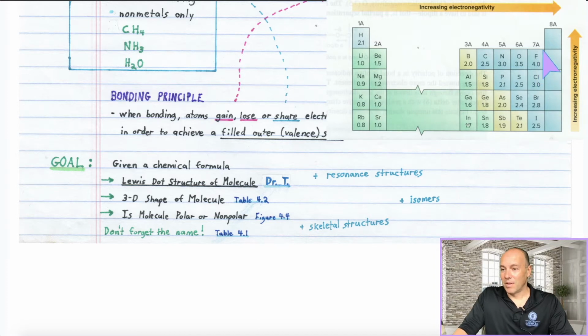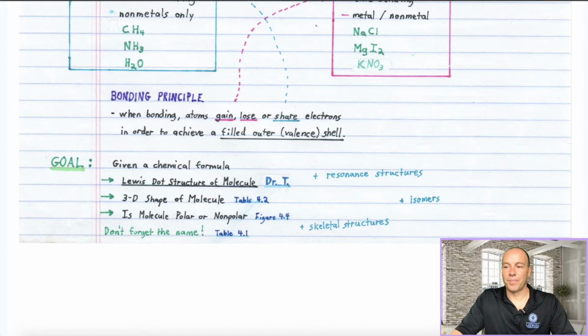So if you have, say, fluorine attached to carbon, fluorine has a greater electronegativity and it will pull electrons away from the carbon. And so that will help the molecule become polar. So we'll be using this figure to determine the polarity of molecules.